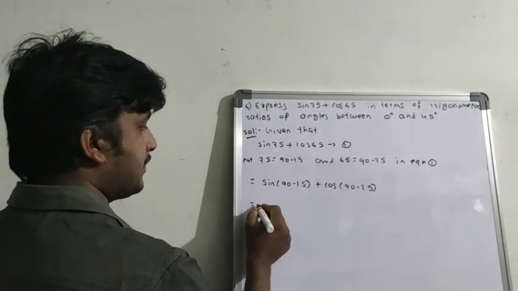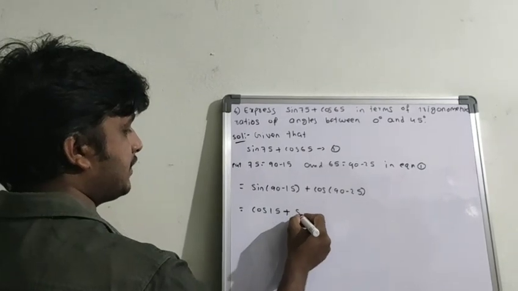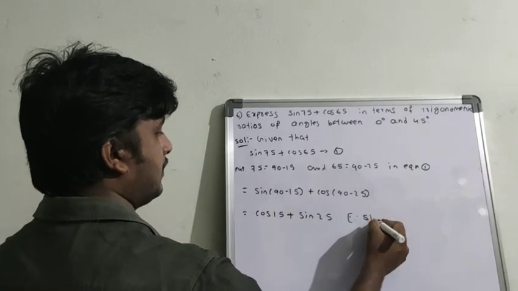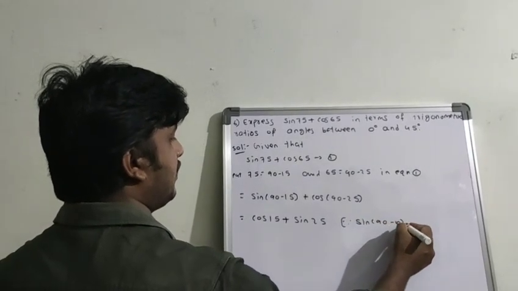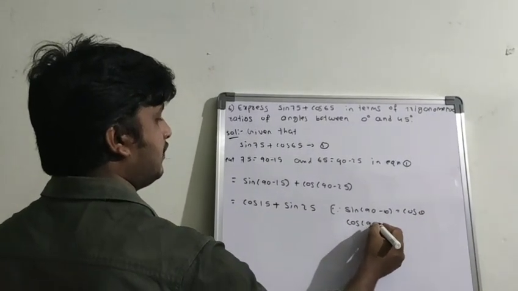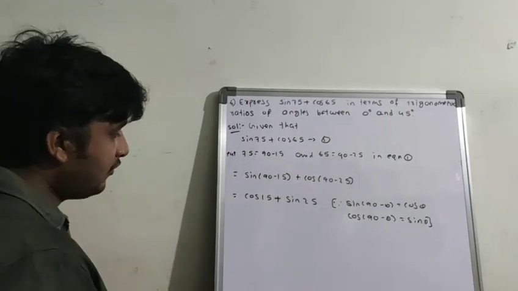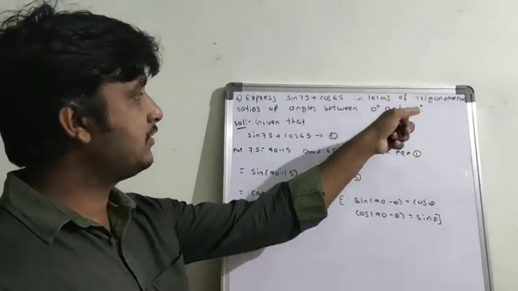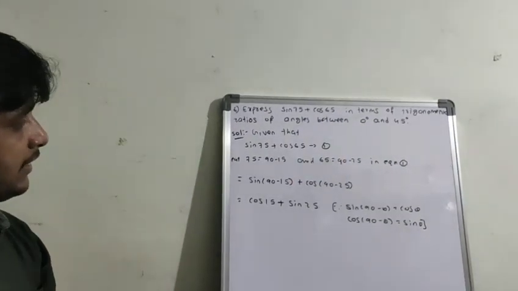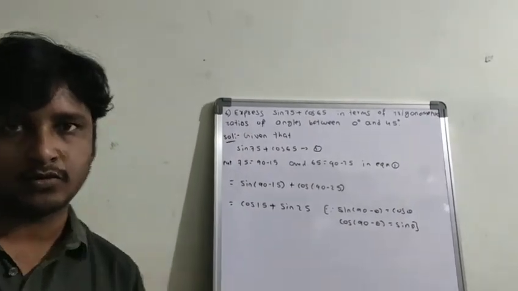Sin (90 minus 15) is cos 15, plus cos (90 minus 25) is sin 25, since sin (90 minus theta) equals cos theta and cos (90 minus theta) equals sin theta. Now cos 15 and sin 25 are trigonometric ratios of angles between 0 degrees and 45 degrees. So this is the answer.